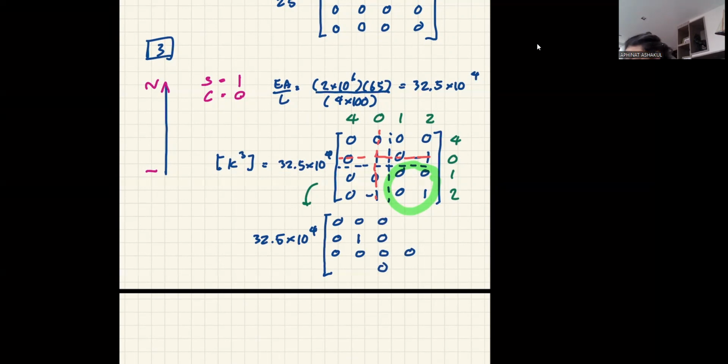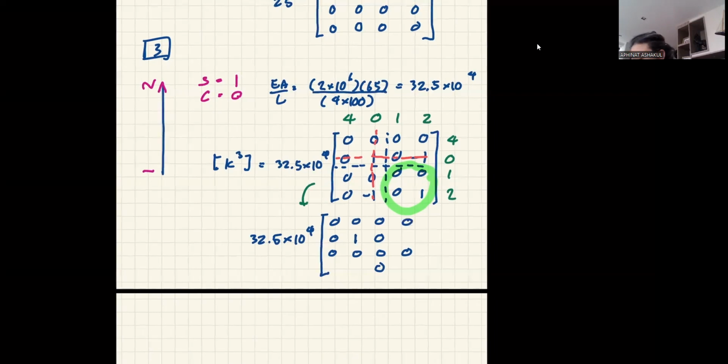And then you can see row 1, column 1, 2, there's nothing in 3, and then 4, which is also 0. Okay? And then row 2, column 1, 2, it's 0, 1, 0, 1. Nothing in row 3, and then row 4 is also 0.